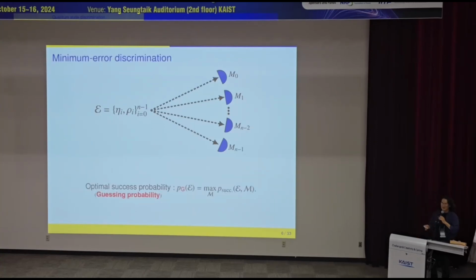And the minimum error discrimination is to maximize this average success probability over all possible measurements. The maximum value is also known as the guessing probability. Here G is for guessing, but also G here means that there is no restriction on the use of measurement. We can use any arbitrary bipartite measurement.